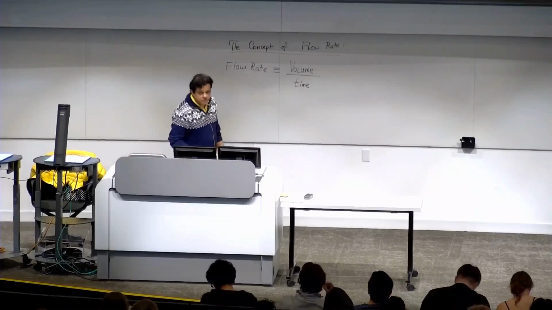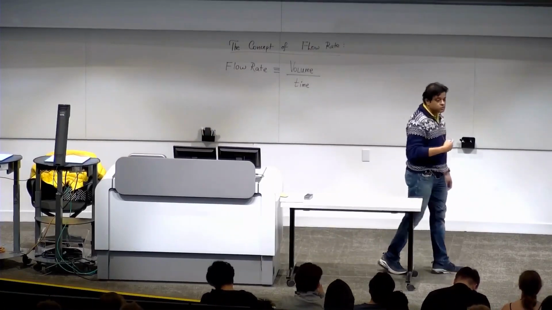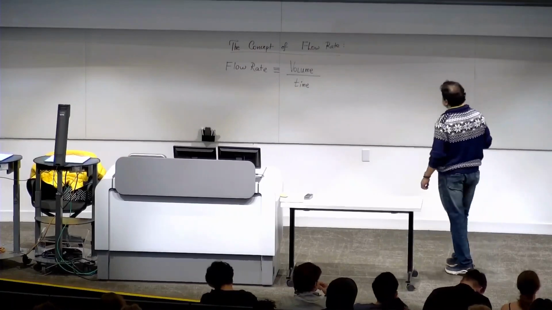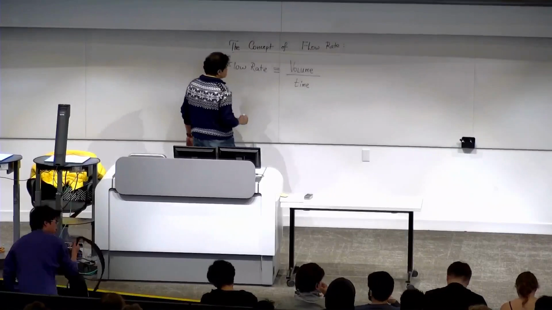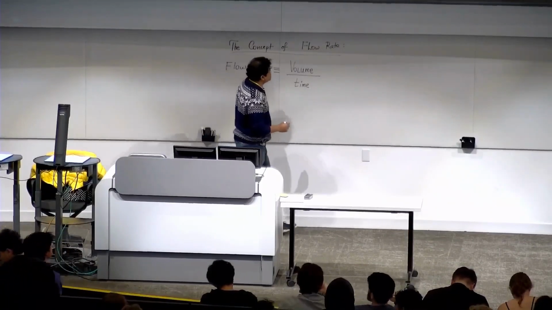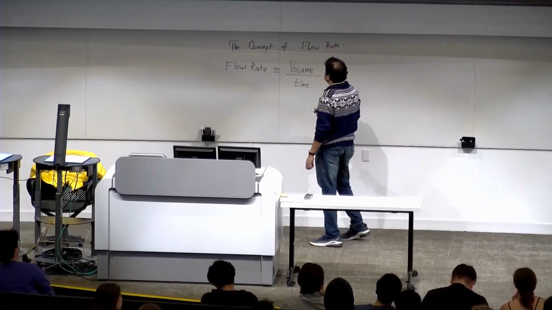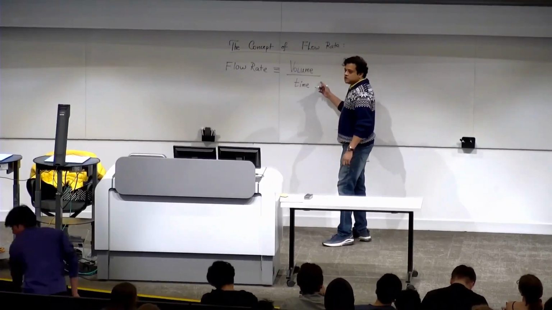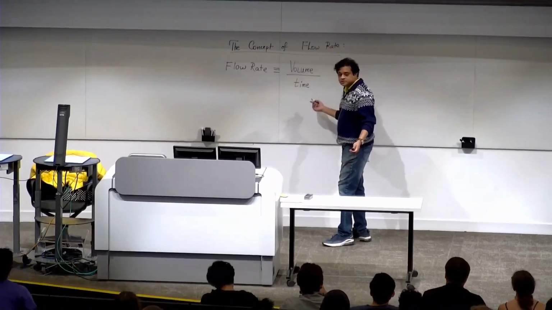Generally, it has to do with volume flowing over unit time. How much volume is moving around per unit time. And so you can see it will have units of something like meter cube per second, unit of volume over second. Okay.